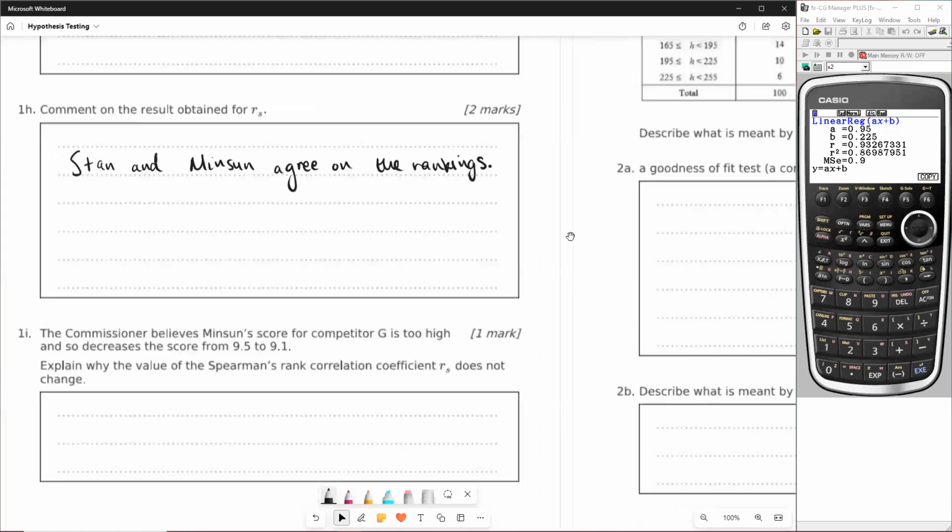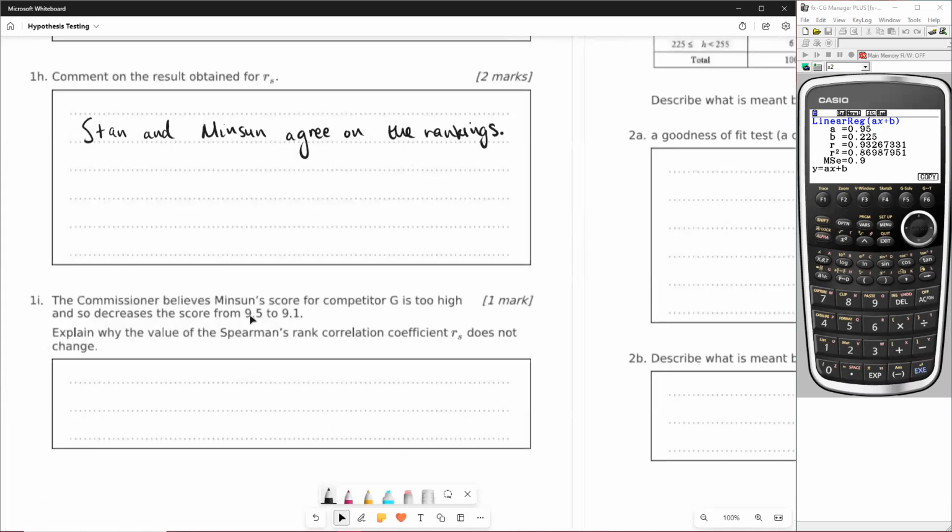Okay, next says the commissioner believes Minsoon's score for competitor G is too high, and so decreases the score from 9.5 to 9.1. Explain why the value of the Spearman's rank correlation coefficient does not change.